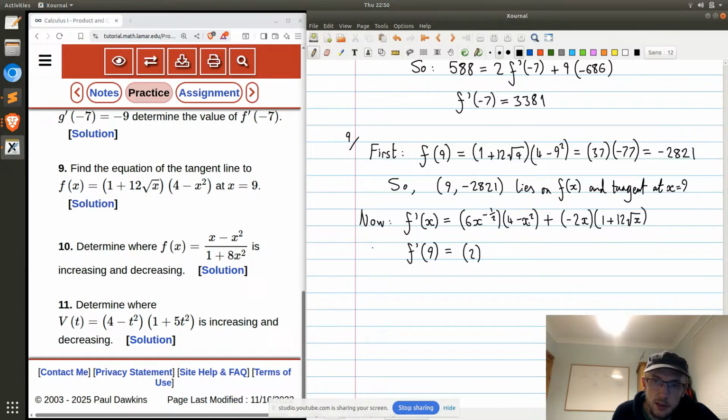Then take 9 squared, well, that would be minus 77, and then plus negative 18, 1 plus 12 times 3, so 37.